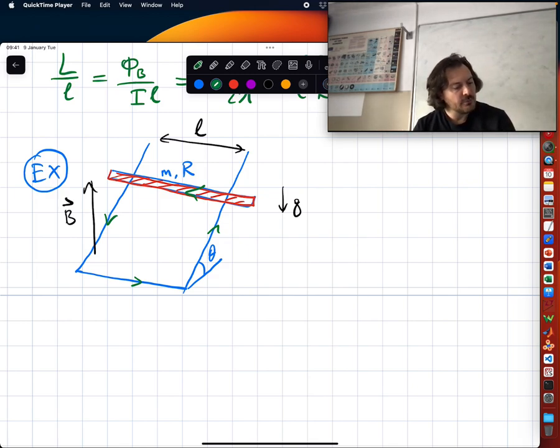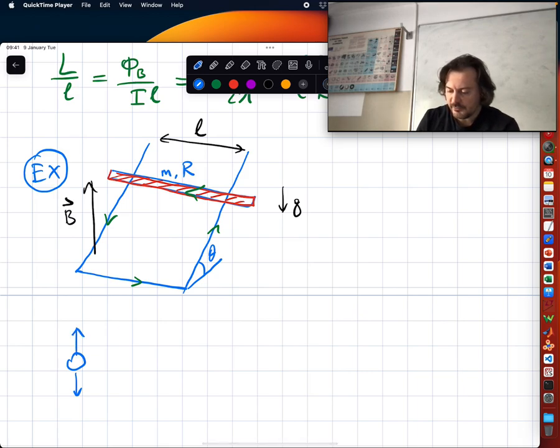What will be the terminal speed? Do you remember terminal speed? Let me just remind you. Let's say you have a parachute going down. There would be a drag force. Was it proportional to v squared?